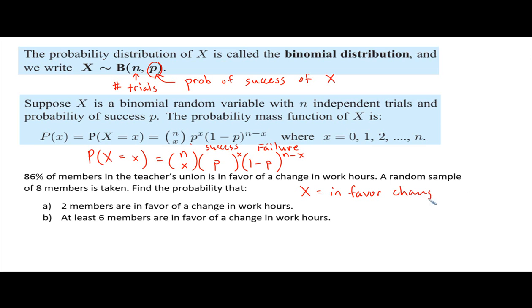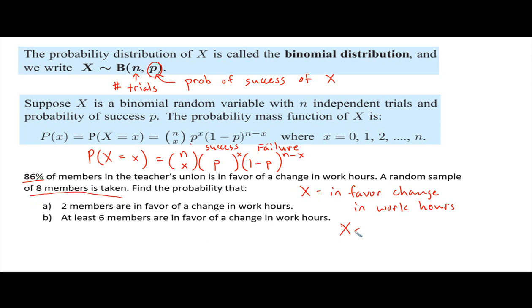It says the probability of them being in favor is 86%. So we know the probability of success is 86%, and the probabilities don't change. They're also saying a random sample of 8 members, so that's your number of trials.